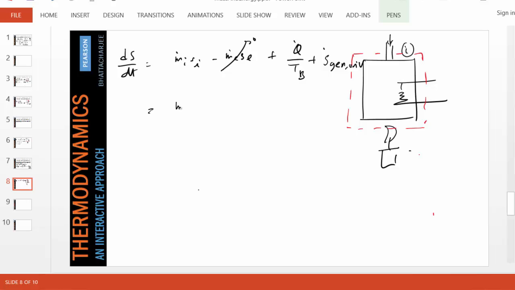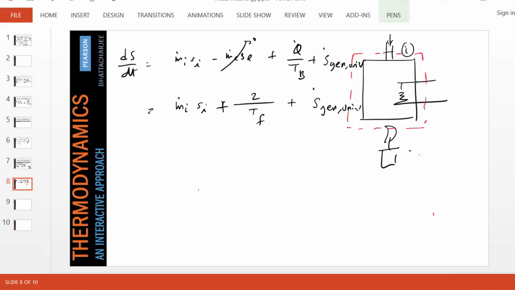So m dot i is given to us. Suppose we know the entropy of the mass that is coming in. Now Q dot would be 2 kilowatt divided by the temperature of the flame. Whatever the temperature here is, that's how much entropy is entering the system. And entropy is generated because of all the irreversibilities.